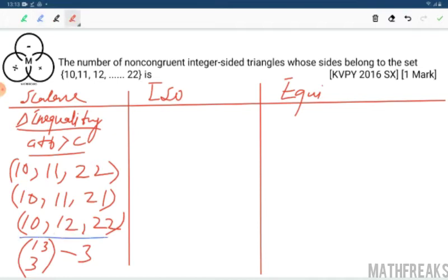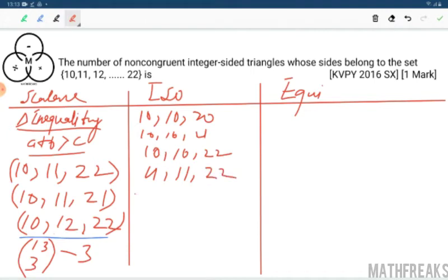Now isosceles triangles. What are the isosceles triangles which are not possible? (10, 10, 20), (10, 10, 21), (10, 10, 22), (11, 11, 22). 4 cases are not possible.